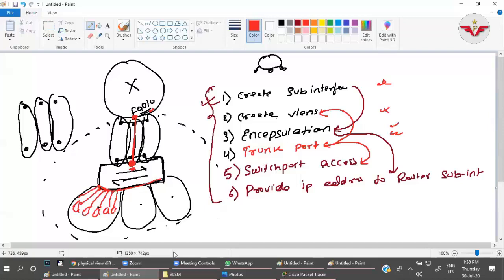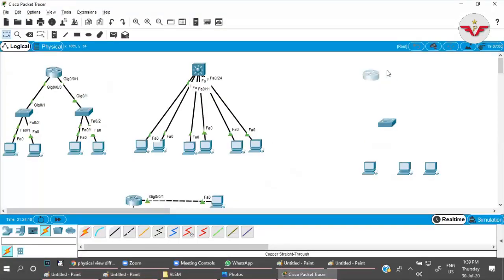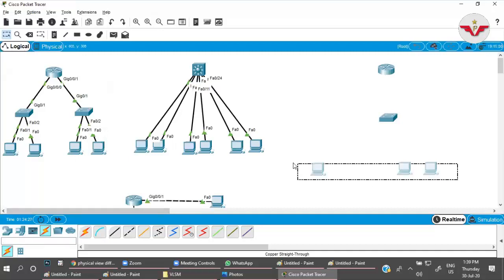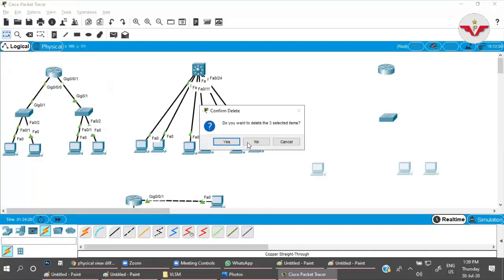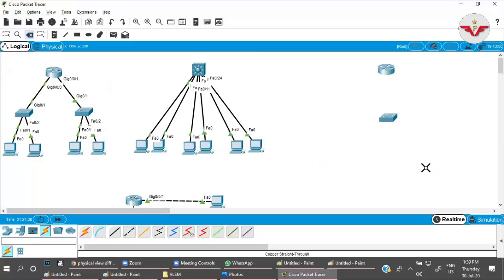So now let us come to the scenario. Here is the scenario. I'm not taking these PCs because I would have to configure the same IP addresses again.